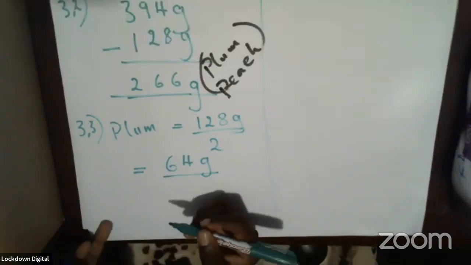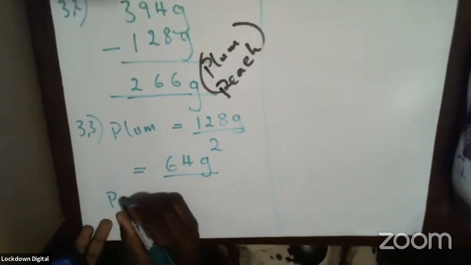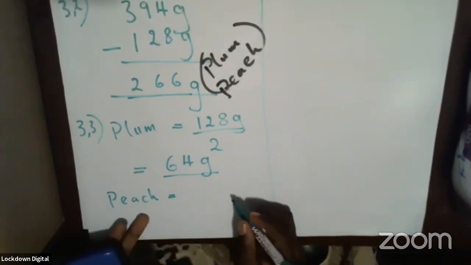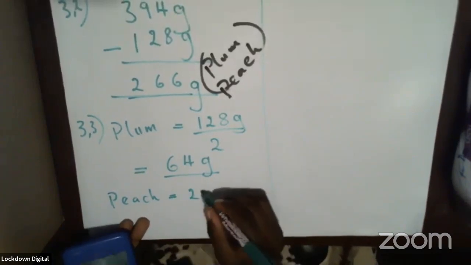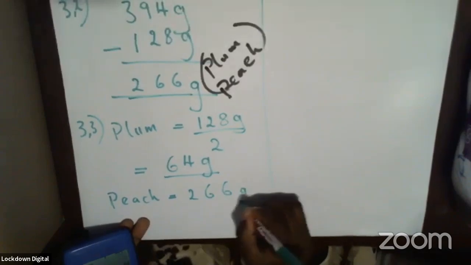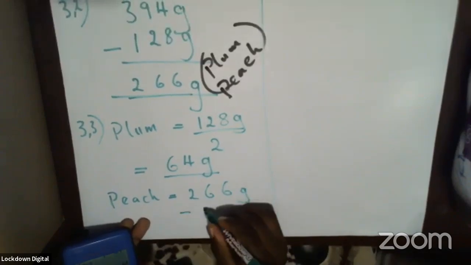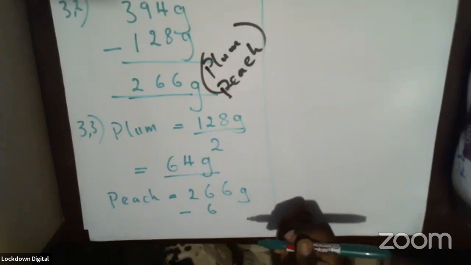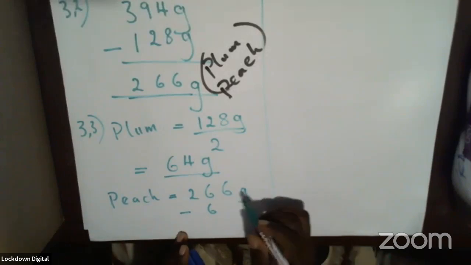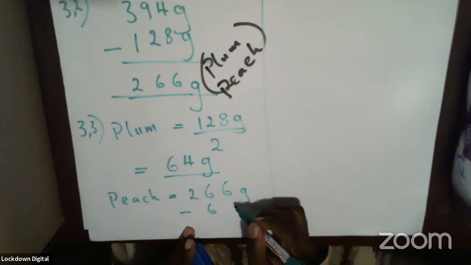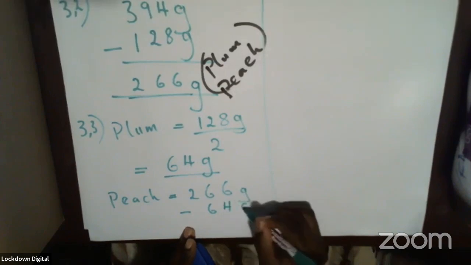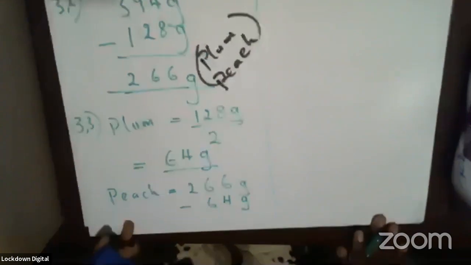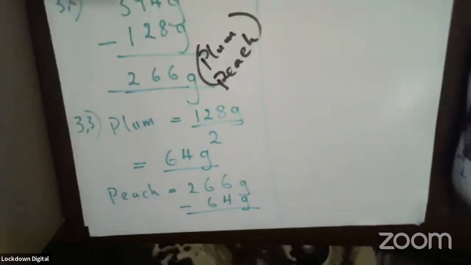Okay, so the peach mass is equal to 266 grams minus 64.